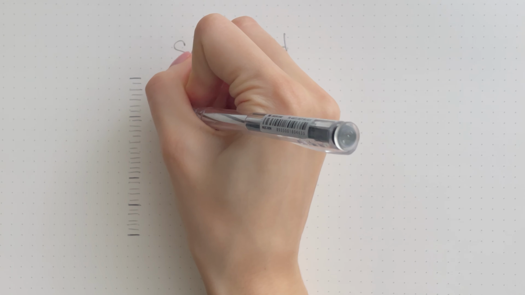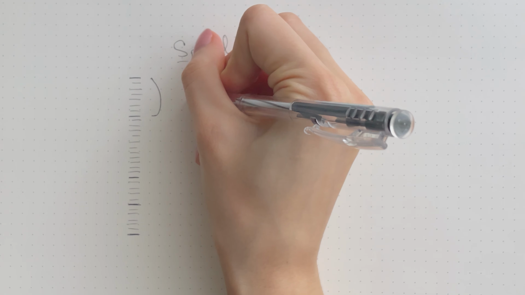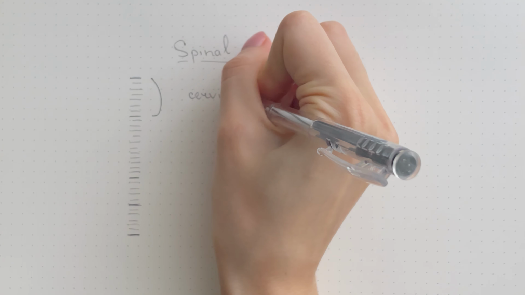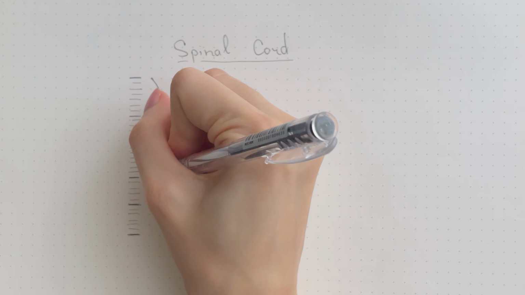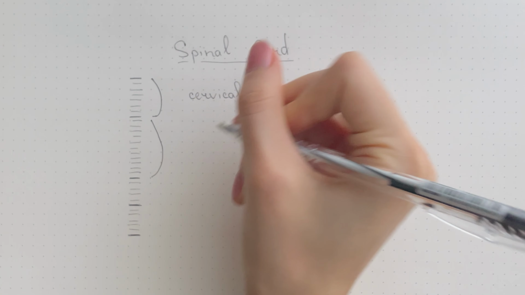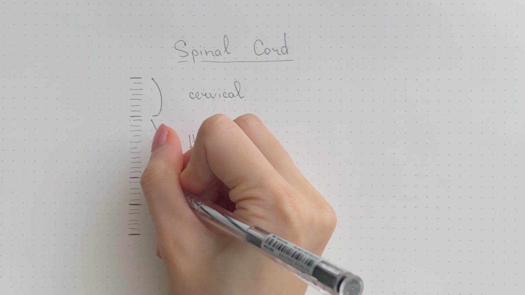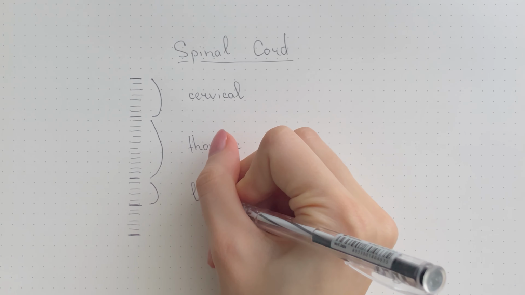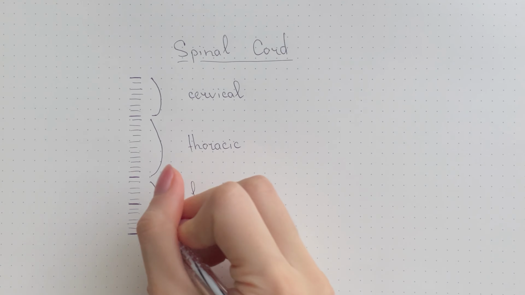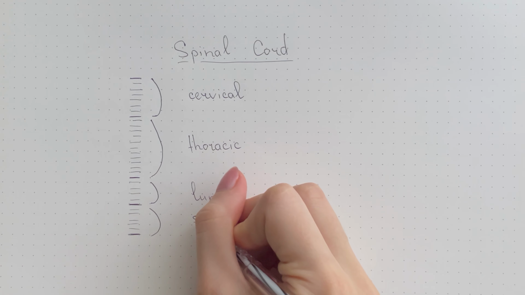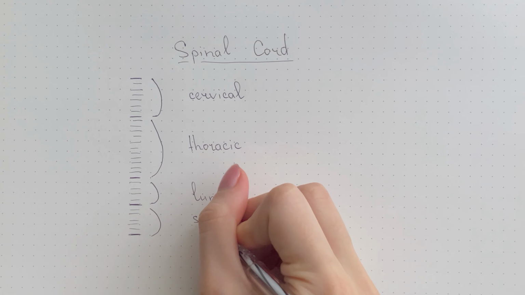There are 8 cervical segments, 12 thoracic segments, 5 lumbar segments, and 6 sacral and coccygeal segments.